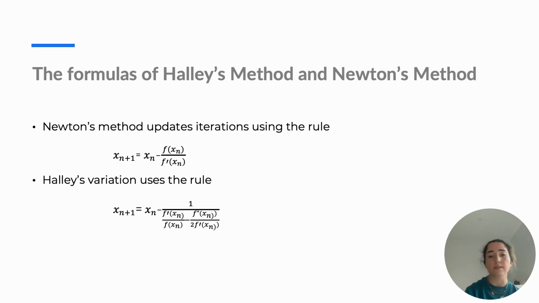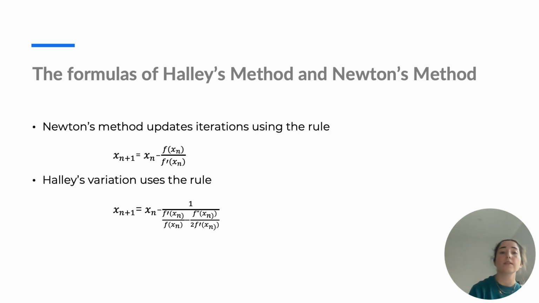When we substitute this value in our f of x function, we will get f of xn. Then we substitute the same value in the f prime of x function. Then using those three values, we will get our xn plus 1.